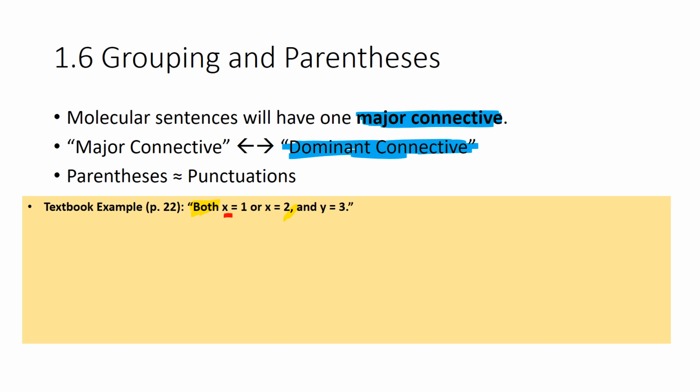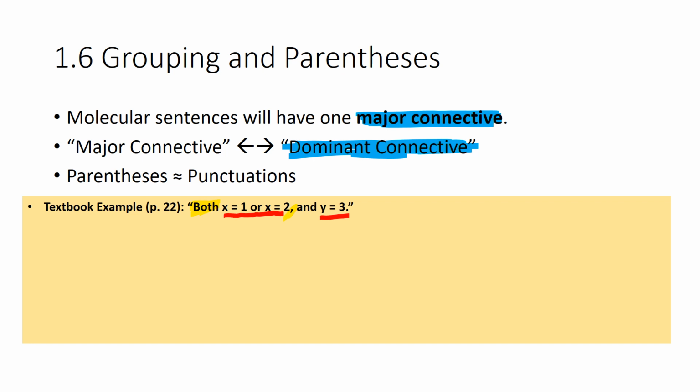We have x equals 1 or x equals 2, comma, so that breaks off the connection from y equals 3. So those are separate groupings. So therefore, the major connective is the and.